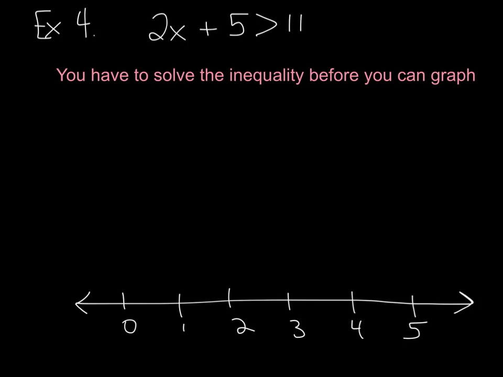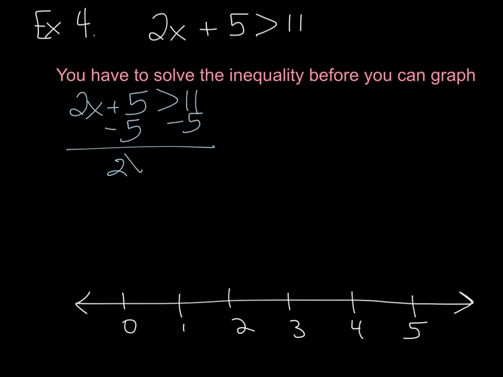All right, so now this next one says 2x plus 5 is greater than 11. Okay, so I put there, you have to solve the inequality before you can graph, which is true. Now we've done this, so this shouldn't be hard. I'm going to subtract 5 from both sides, and I get 2x is greater than 6. Divide both sides by 2, and I get x is greater than 3.